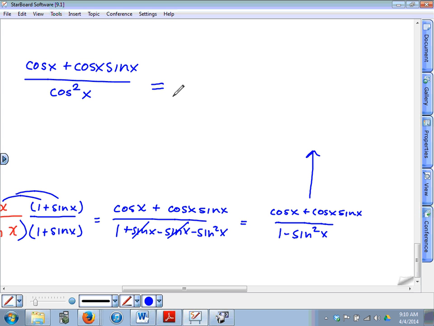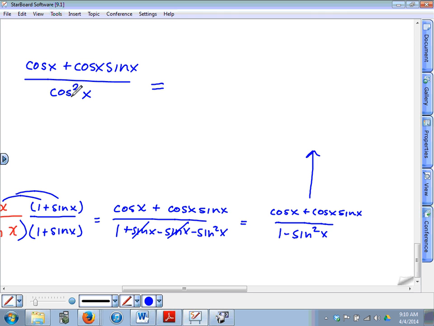Did you guys hear that? That's something that you use very often. Everybody look up at the screen. If you have one single term in the denominator, this is something you have to start recognizing because it helps a ton. If you have one single term in the denominator, but multiple terms in the numerator, you can separate that into multiple fractions. Did you guys all hear and understand that? Right now we have one single fraction, right?